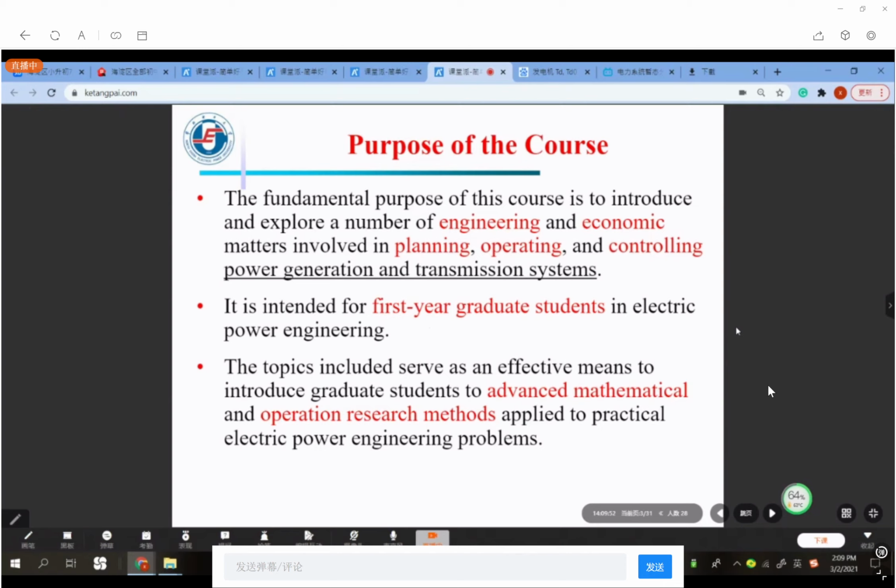For example, in the following classes, I will talk about some methods for economic dispatch, also some methods for automatic generation control, and also some methods for unit commitment. All these methods talk about how to economically operate the power system and promote energy utilization efficiency.